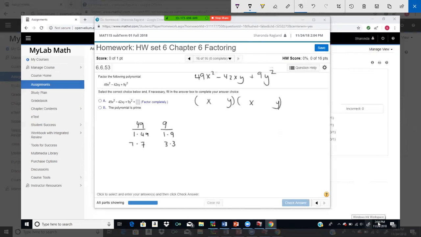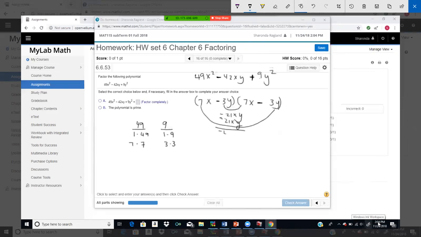When I have those doubles, that's the first thing I go to. So let's do 7 and 7 and 3 and 3. Now, the product is positive, so that means same signs. In this case, I would have two negatives, correct? So let's look. The inner gives me negative 21xy, and the outer gives me negative 21xy.